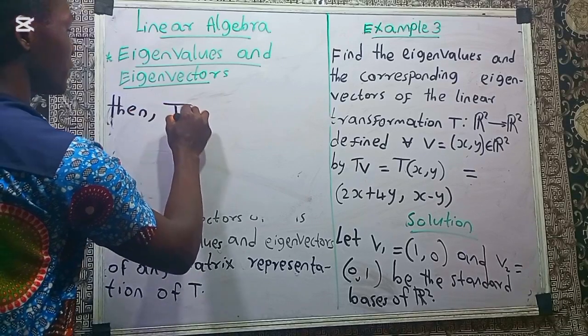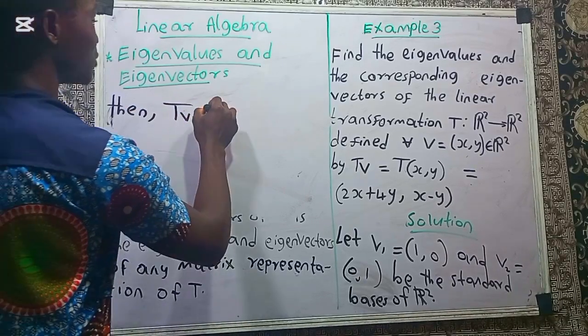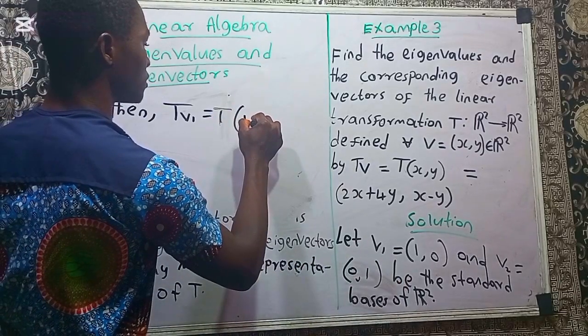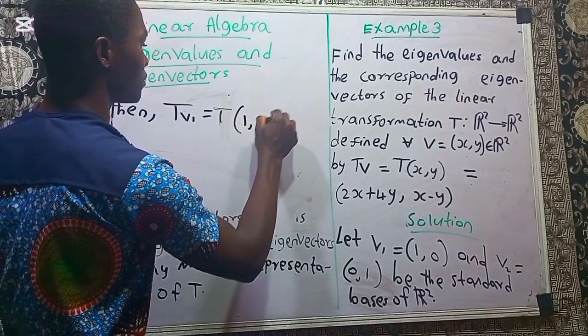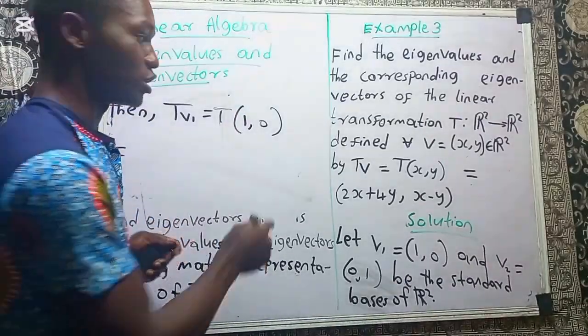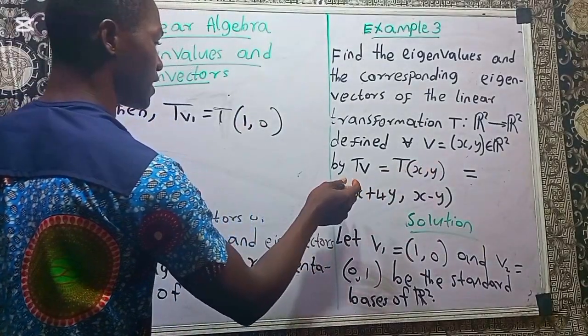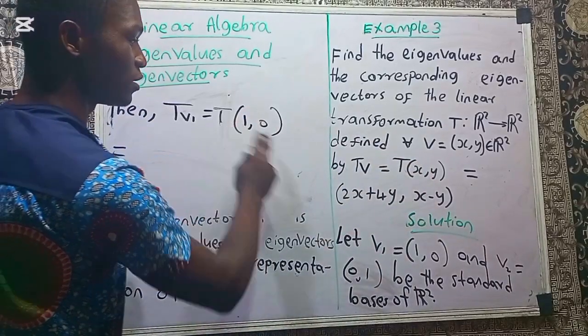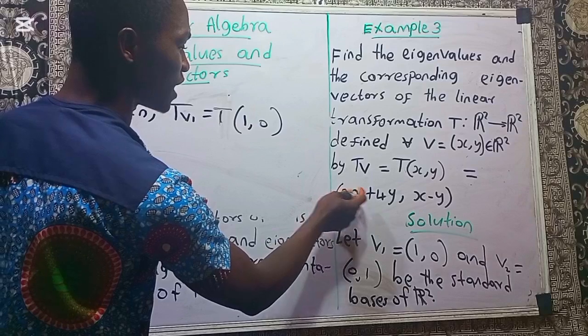Then the transformation of V1. V1 has entries 1, 0. So let's transform it. The first entry is your x. What is our first entry here? It is 1. So you have to multiply it by 2.